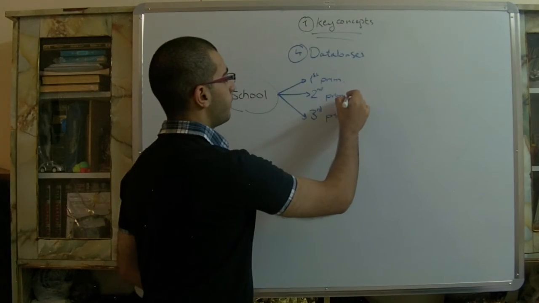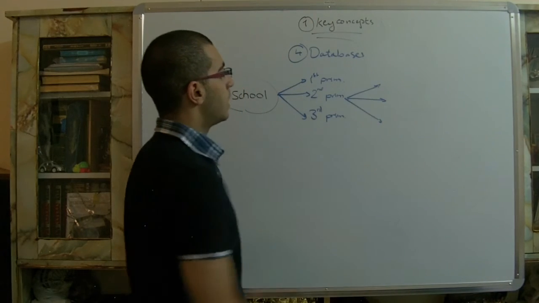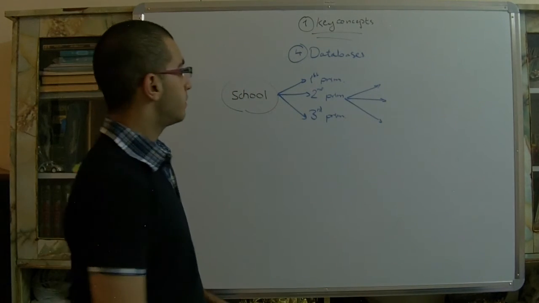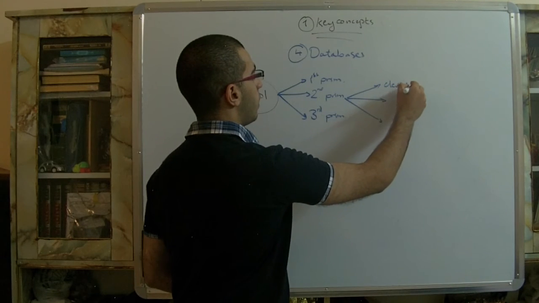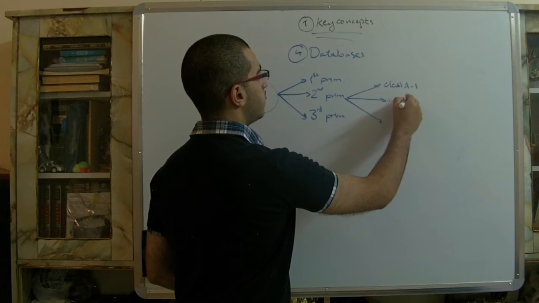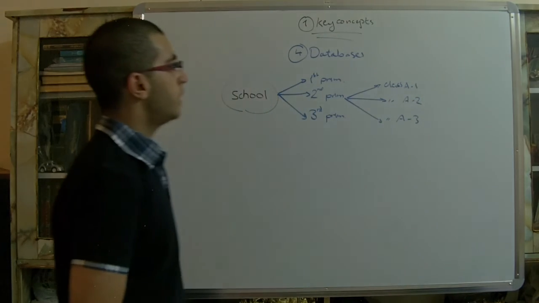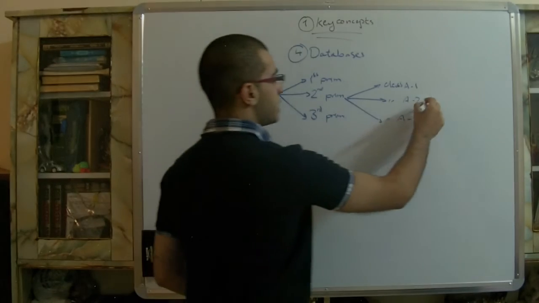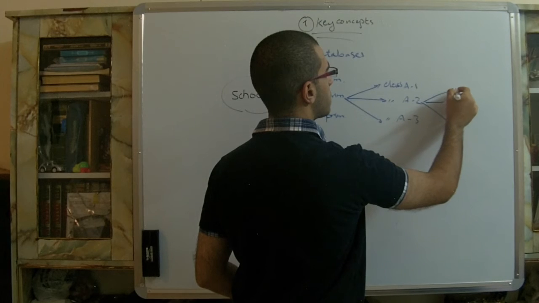Each year contains different classes, for example, class A1, A2, and A3, and so on. And every class contains students.